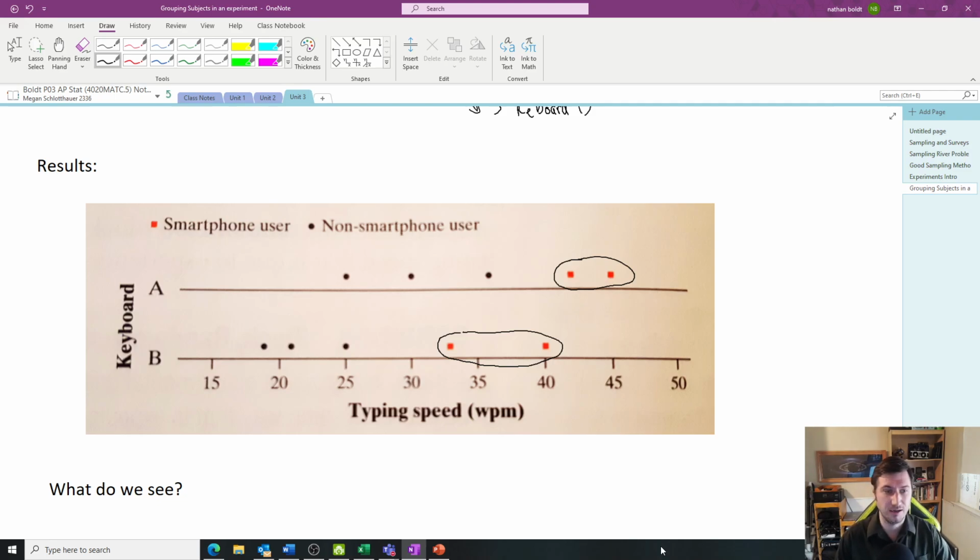Both keyboard A users went faster than the keyboard B users among smartphone users. And among non-smartphone users, it's a very similar story. There's a little bit of overlap, but only 1 point overlaps. The other 2 fall into this idea that keyboard A is in fact faster than keyboard B.